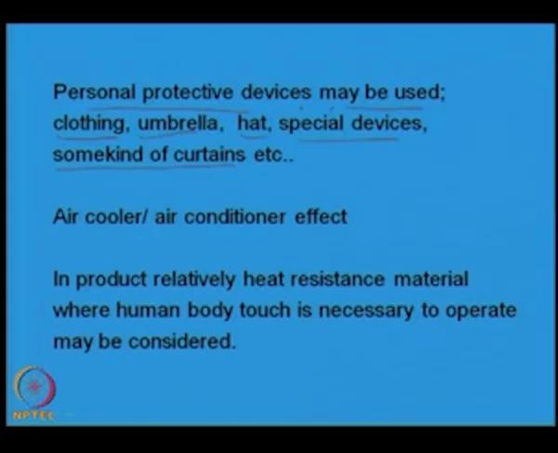Now, the air cooler and air conditioner effect. Some people complain that in air conditioning, as dry air is there, some people have problems, so they do not like to use air conditioning always.